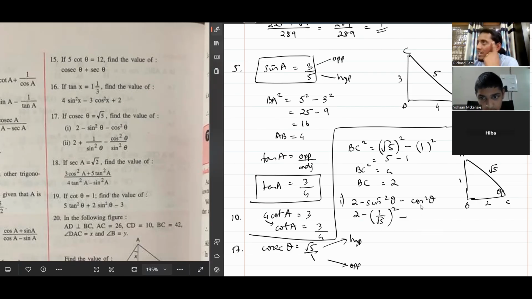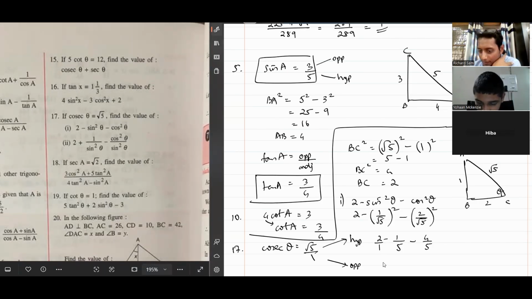What is cos? Adjacent upon hypotenuse squared. So that will be 2 minus 1 upon 5 minus 4 upon 5. Okay. So this 2 also multiplied with 5 because it's upon 1.